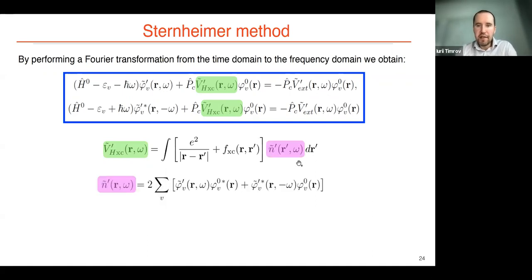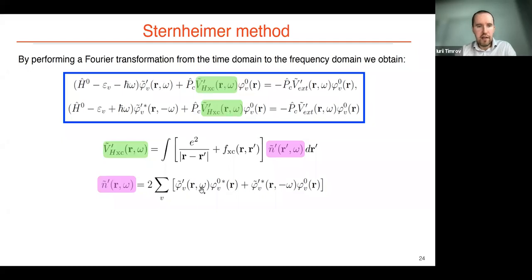Next, it can be shown that in the linear response regime, the response density is defined this way. We have a factor of 2 due to the spin degeneracy, because we consider non-spin-polarized materials. And it's defined as a product of the phi prime response orbital times the ground state orbital phi naught, plus phi naught times phi prime complex conjugated at minus omega.